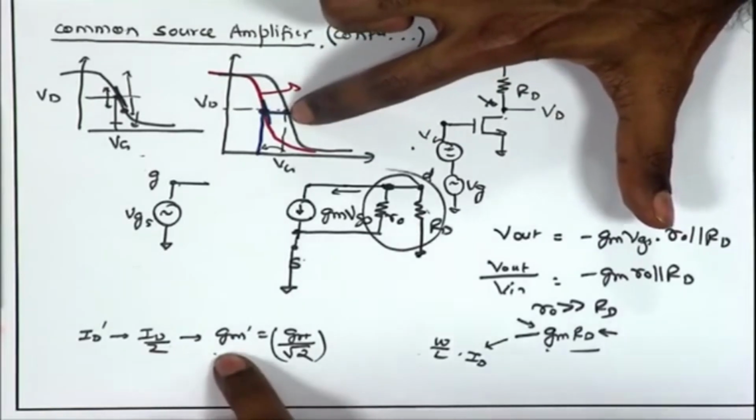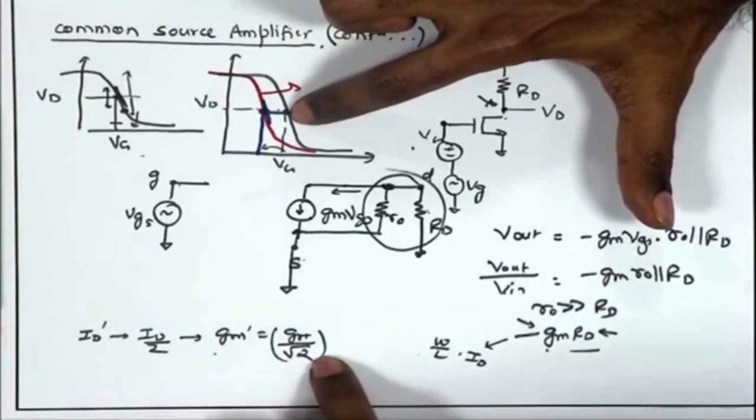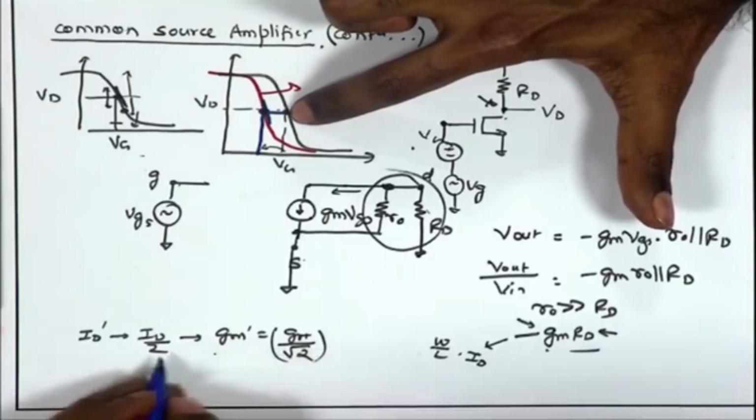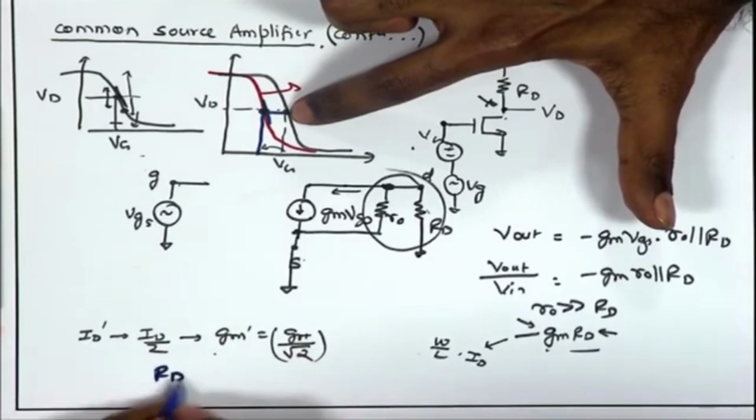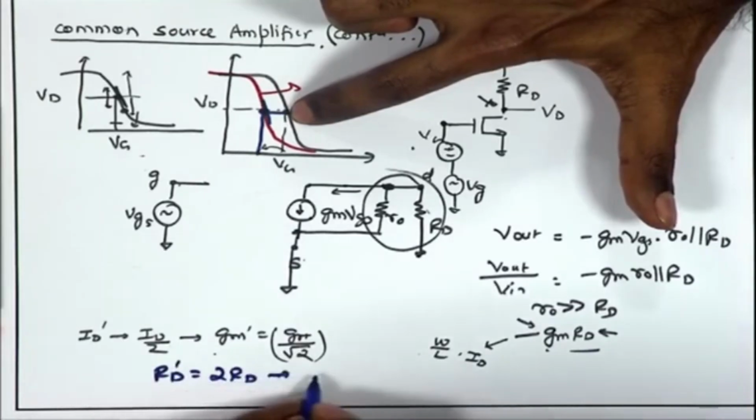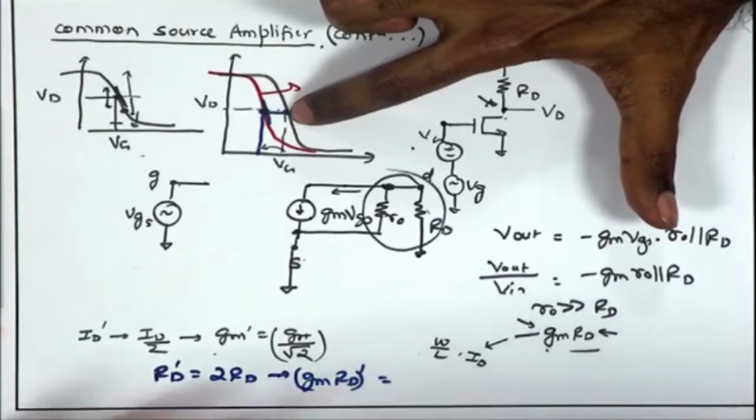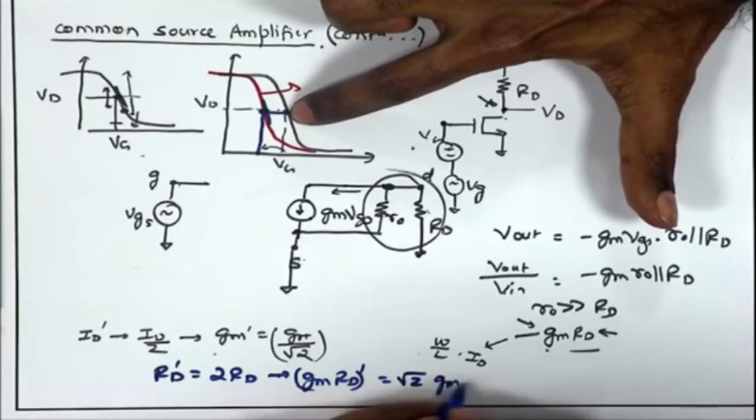As a result, what is happening? Gm is reduced by root 2, but Rd dash is now 2 times Rd. Therefore, this implies that (Gm Rd) dash, the new value of Gm Rd, is going to be root 2 times the initial value of Gm Rd.